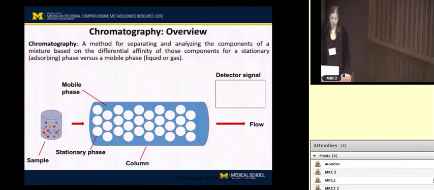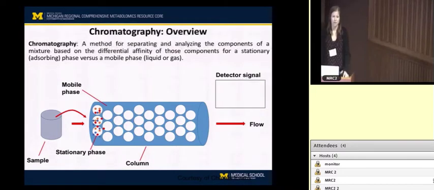So what happens when we're doing chromatography is we have our sample, and it is applied to the top of a chromatographic column, basically the stationary phase being held in some type of cartridge, while the mobile phase is continuously flowing through it. Our analytes are going to be distributed between the stationary phase and the mobile phase, depending on how high their affinity is for each of those phases.